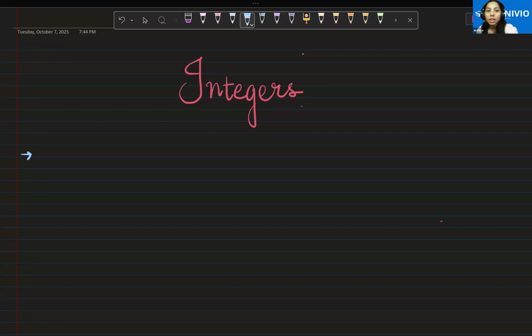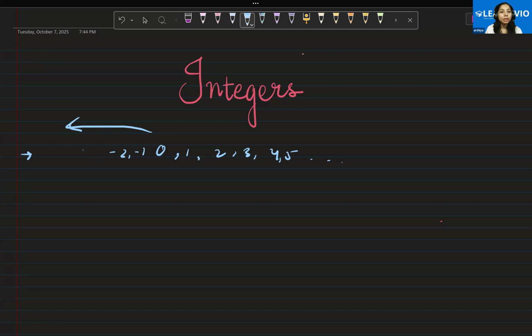Okay, all right. So far we have done whole numbers. We've done natural numbers, right? So we start from zero, go like 1, 2, 3, 4, 5, and so on. But if we go to the left of zero, then we will have the same set of numbers 1, 2, 3, 4, and so on, but negative numbers. So -1, -2, -3, -4, and so on.